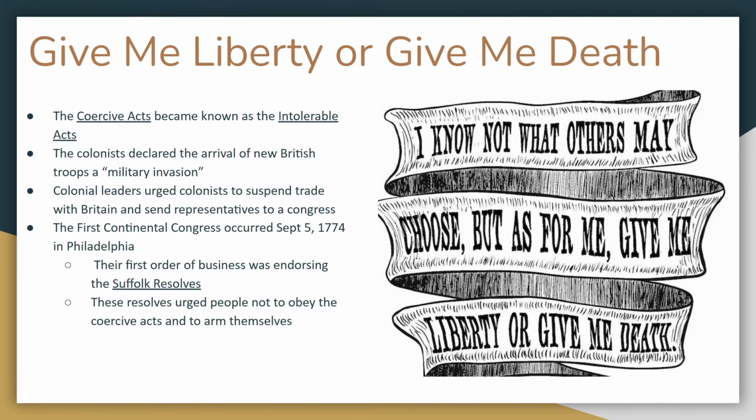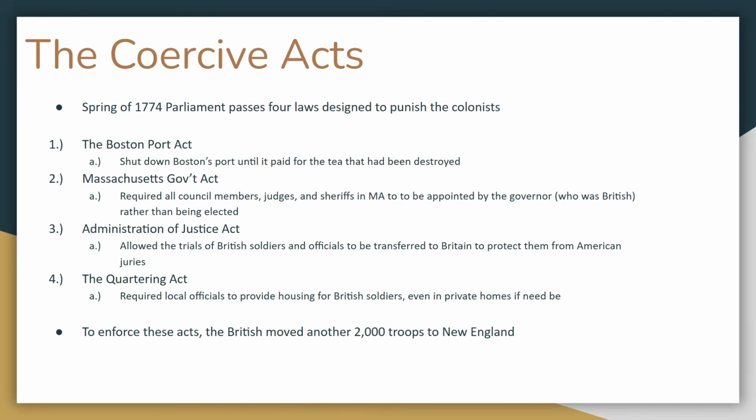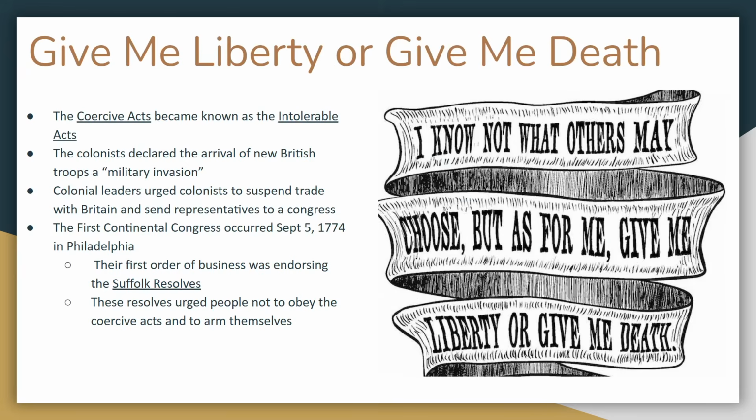And anybody who had any position of power, which was tough because of the Massachusetts Government Act, but those who did have power basically said, don't trade with Britain. We're going to do another boycott. It worked last time.